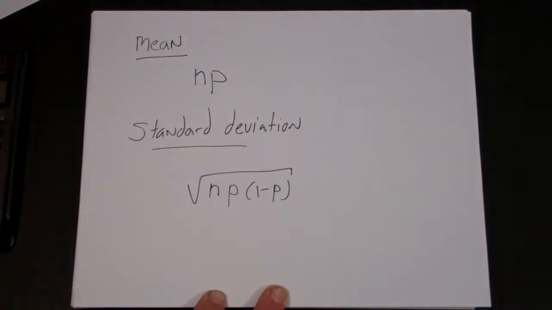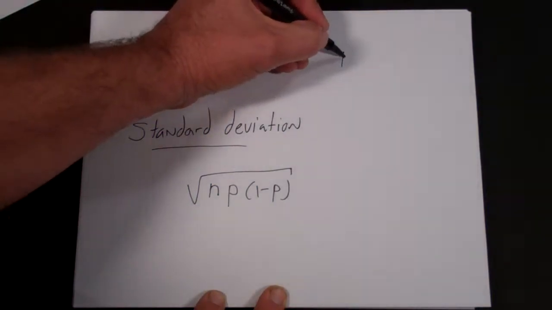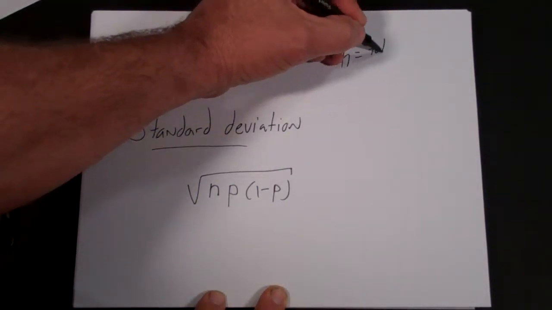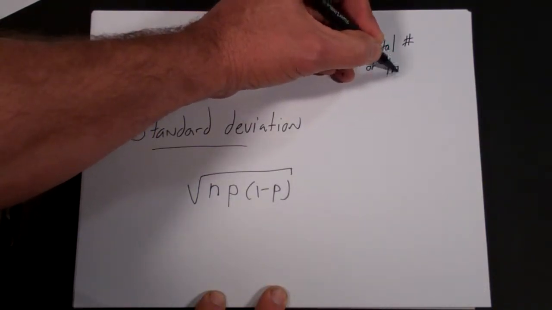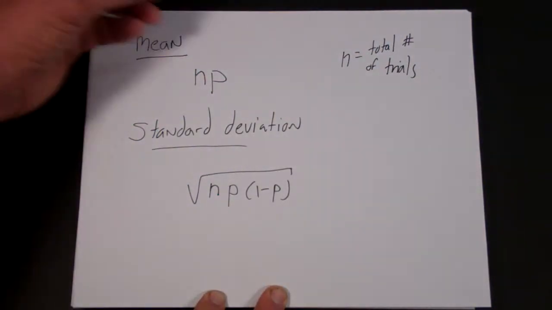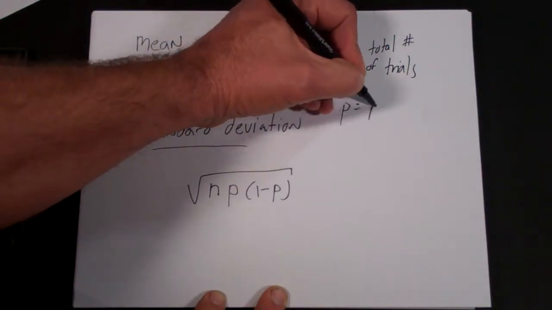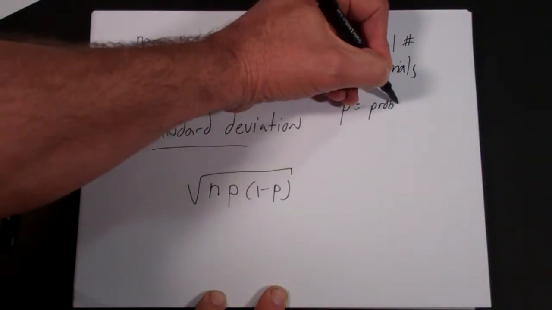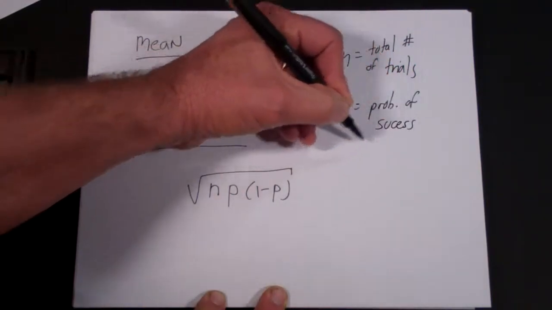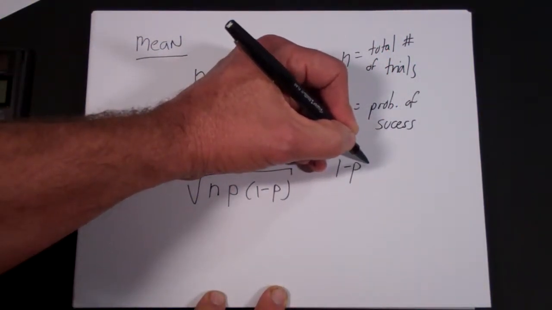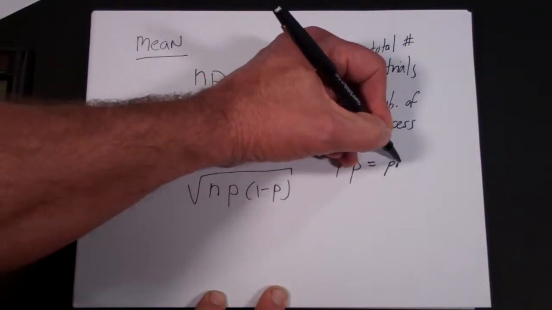Now what is n, p, and 1 minus p? n is the total number of trials. p is the probability of success. And 1 minus p will be the probability of failure.